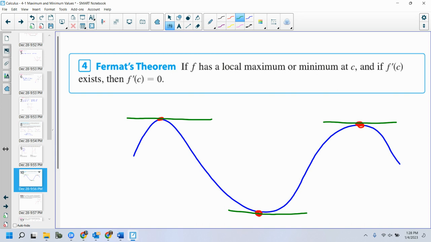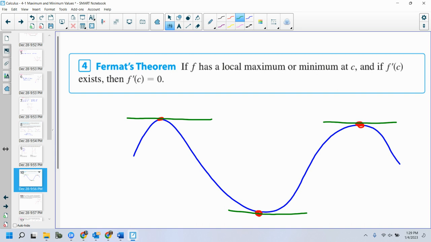So Fermat's theorem says that if you have a local maximum or minimum, at that location the derivative is going to be 0. Now, you have to be very careful because the converse of this is not necessarily true. It's not false. It's just not necessarily true. If the derivative equals 0, it doesn't necessarily mean that it's a local maximum or minimum.